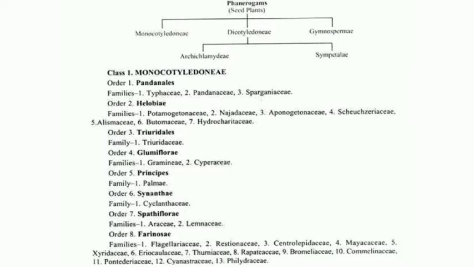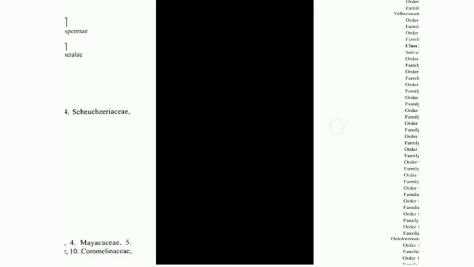Order 1, Pandanales with 3 families, Helobiales with 7 families, order Triuridales with 1 family, order Glumiflorae with 2 families, order Principes with 1 family, order Synanthae with 1 family, order Spathiflorae with 2 families, order Farinosae with 13 families, order Liliflorae with 9 families, order Scitamineae with 4 families, order Microspermae with 2 families.